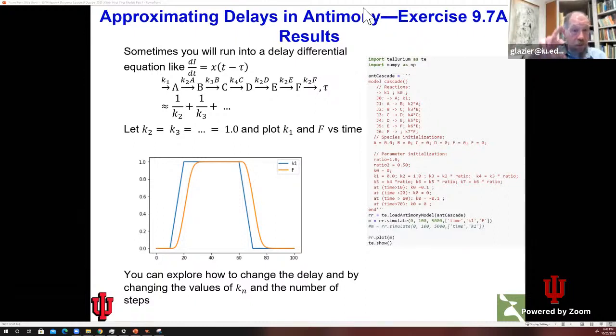You have to change them all at the same time in the right way to make it work. But for short delays, this isn't too bad.